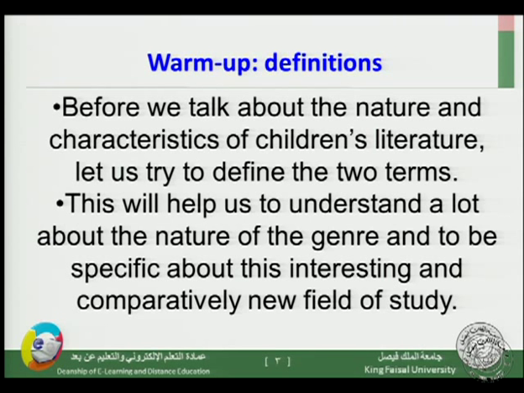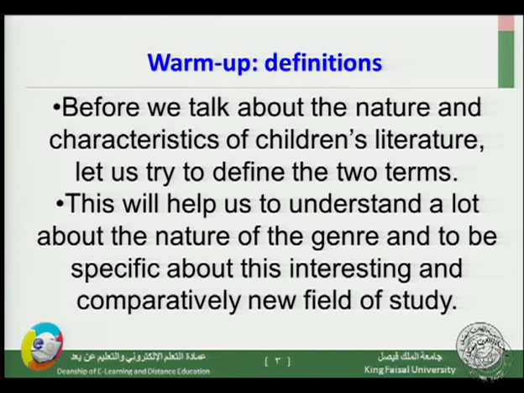If you follow this slide, you will see a summary of what I have just said. Before we talk about the nature and characteristics of children's literature, let us try to define the two terms. In children's literature, we have two terms, children and literature.